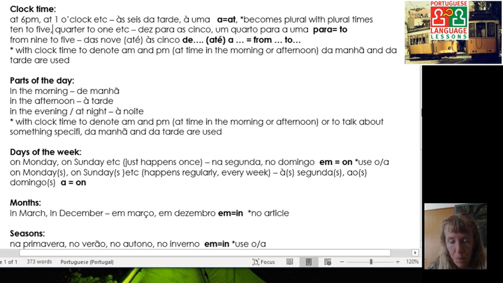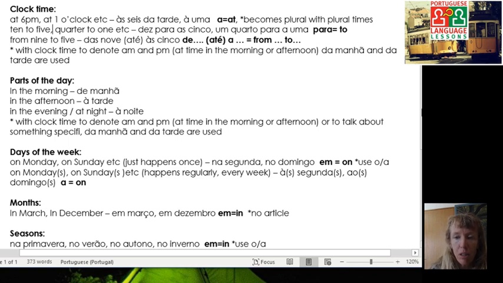Okay. Parts of the day then, these you just have to learn. In the morning, da manhã. In the afternoon, à tarde. In the evening or at night, à noite. Again, we might come across da manhã, da tarde, and that's when I'm being specific about a specific time.